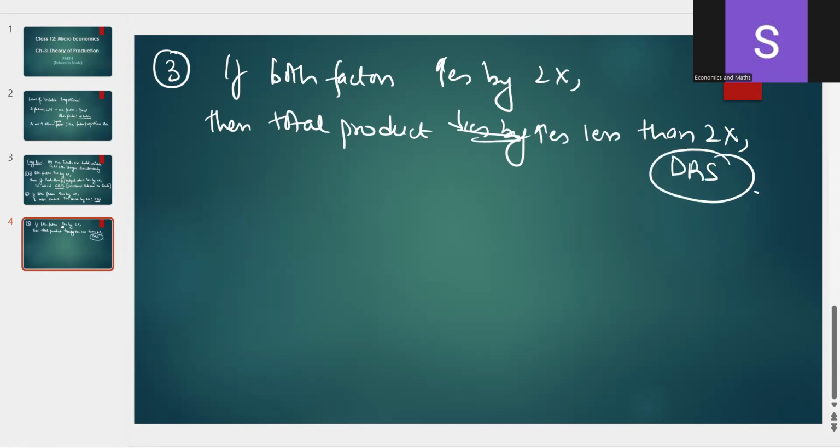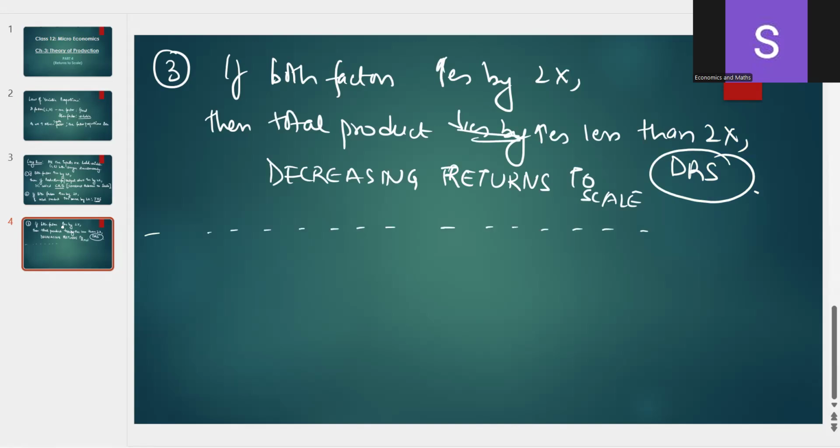So we have CRS, IRS, DRS: constant returns to scale, increasing returns to scale, and decreasing returns to scale.